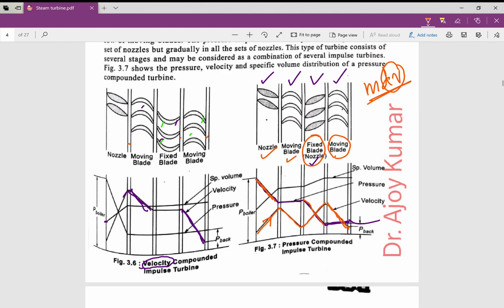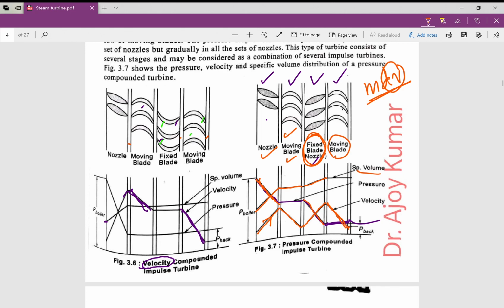Now come to the third, which is your specific volume. The same fundamental is applied. Pressure decreases, and hence volume increases. Right? For the moving blade, with constant passage area between two consecutive blades, there is no variation in volume. This fixed blade acts as a nozzle, so volume increases.